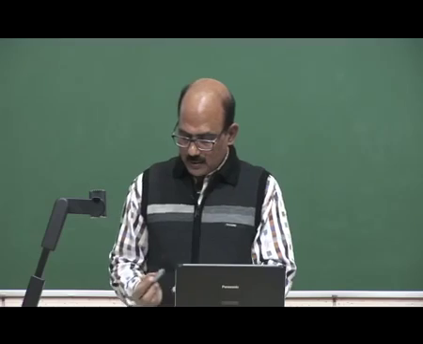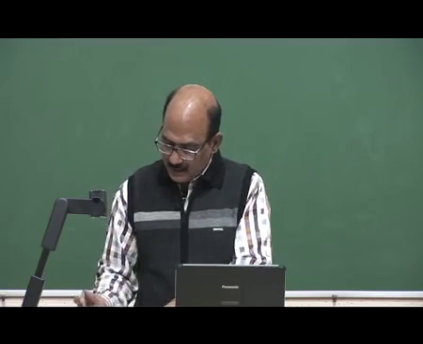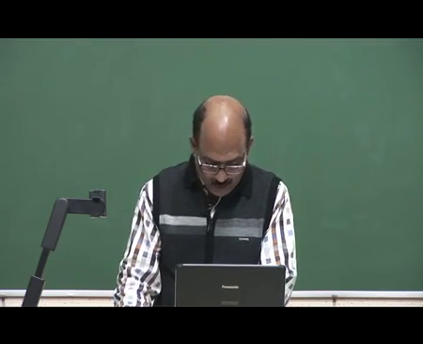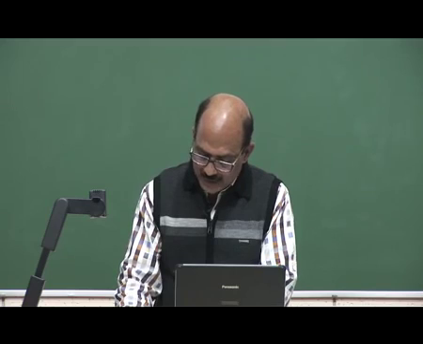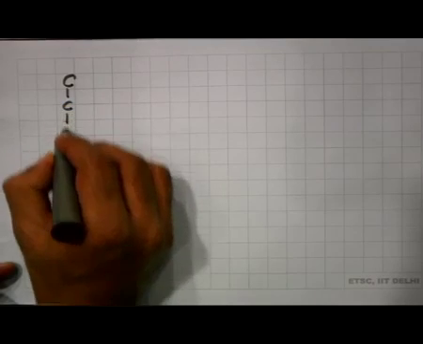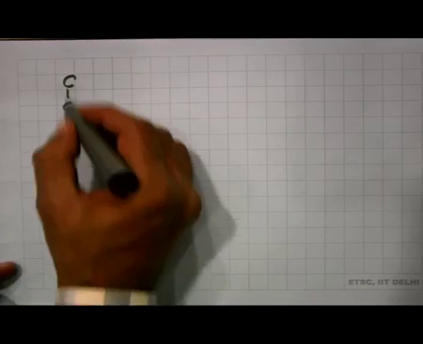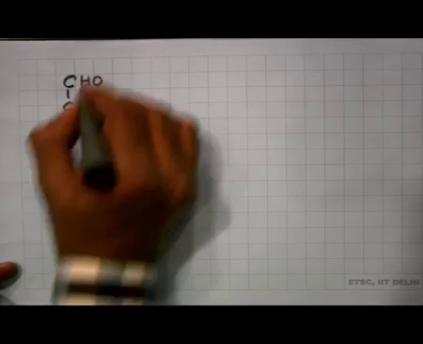Now, how can we write the simple structure in the ring form? There is a certain clue when we write the formula of glucose in linear form. This is 6 carbon: 1, 2, 3, 4, 5 and 6. This one is CHO here.